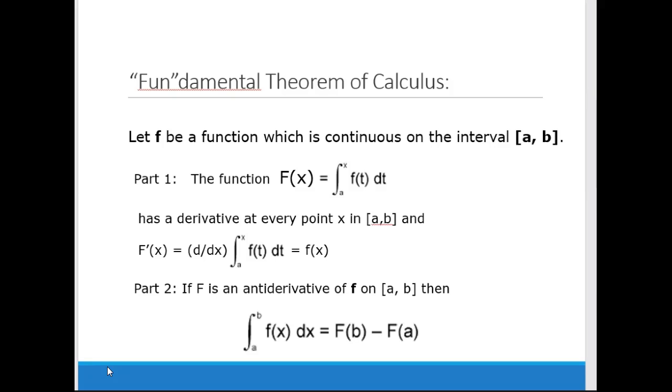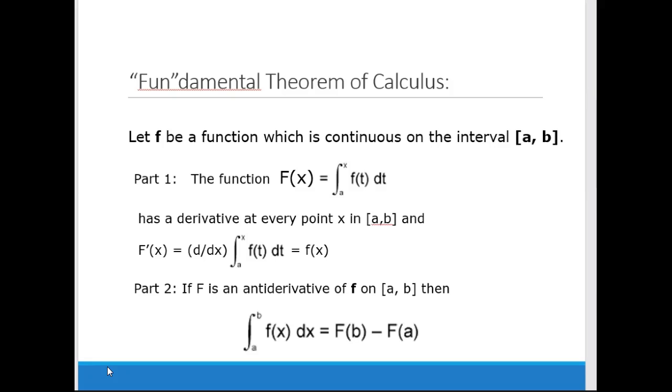And what that means is that the derivative of capital F of x equals f of x. That's part one. That's actually what we're doing on Monday.